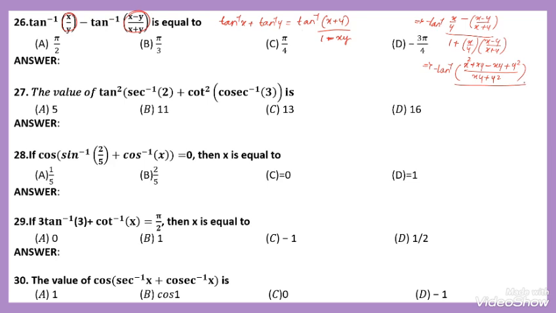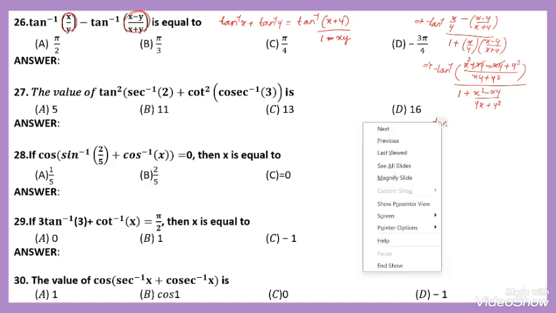Again, divided by 1. So first I will take the multiplication: x into x is x square minus xy, divided by y into x plus y square. Now there is a plus xy and minus xy, which get cancelled.